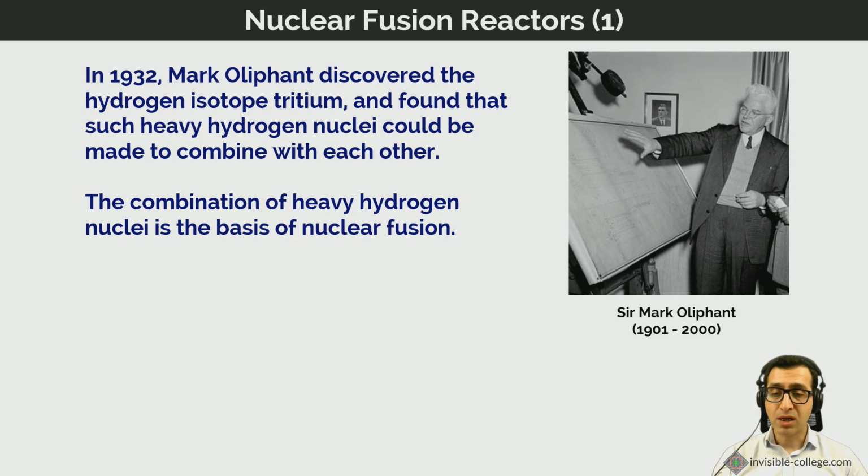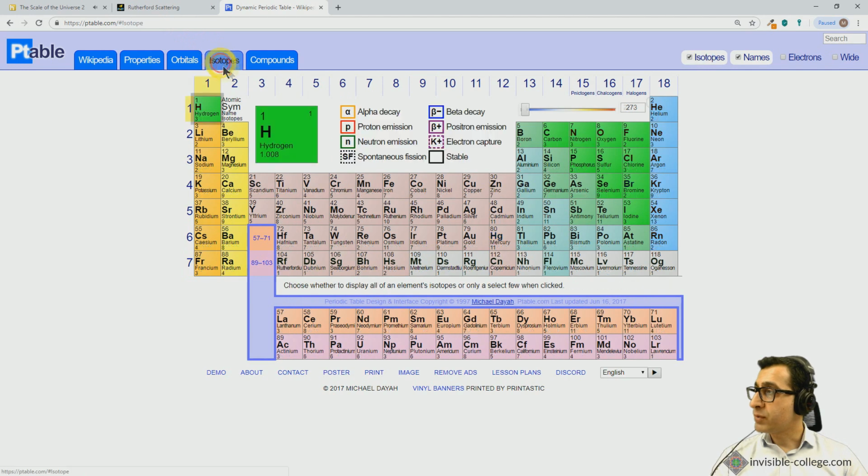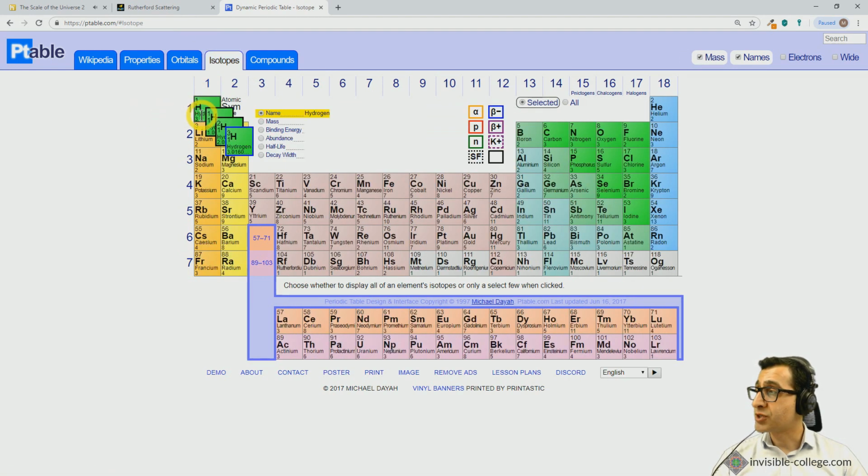So again, looking at our periodic table here, if we have a look at hydrogen, we'll see that there are actually 3 different isotopes of hydrogen. By far the most common is hydrogen which only has a single proton in its nucleus. But deuterium is an isotope of hydrogen in which the nucleus of the hydrogen atom has a single neutron.